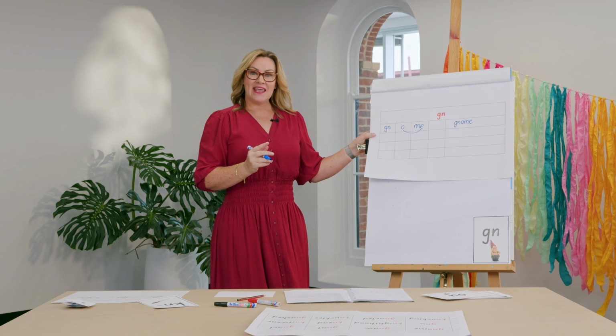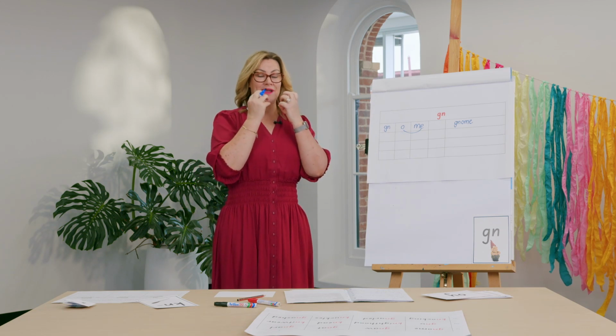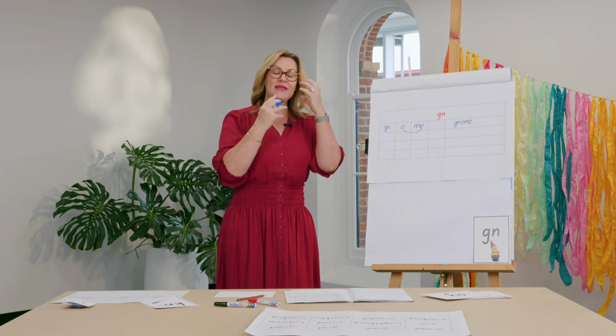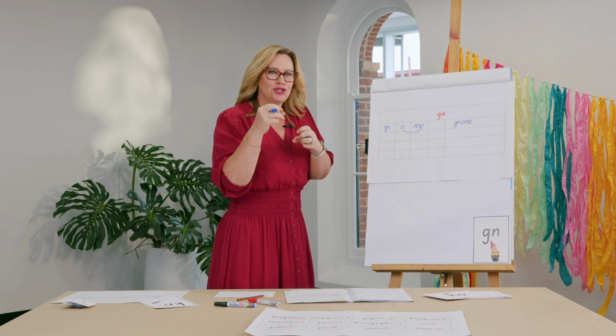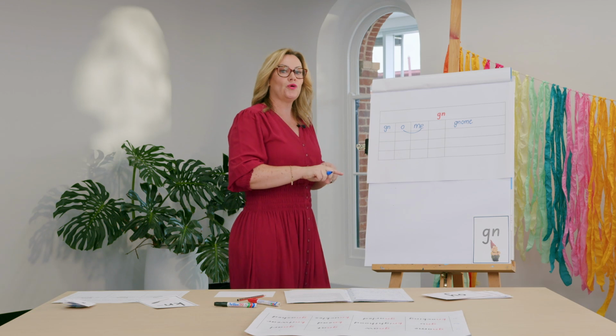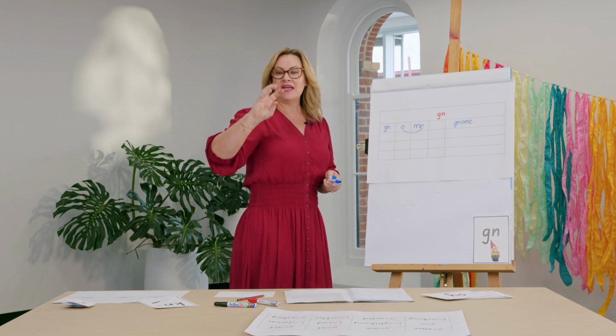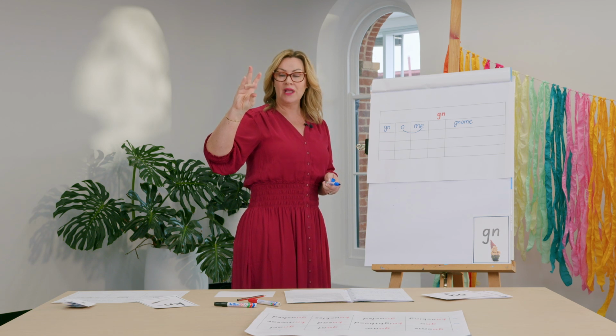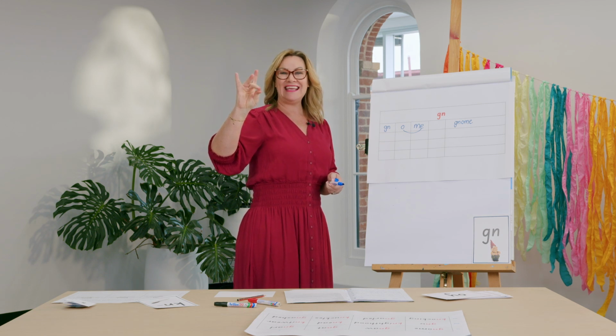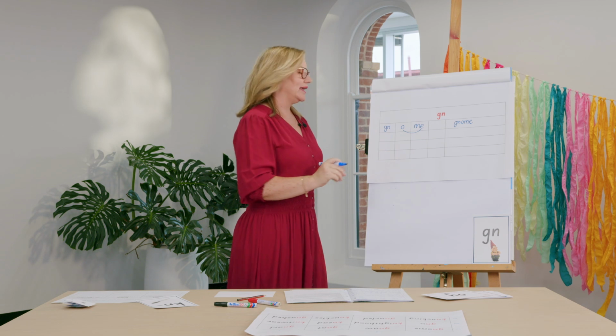Next word today is gnawing. Gnawing. So can you picture that beaver with his teeth and he's nibbling or chewing on something? Gnawing. So let's tap and say n or as in saw. N or it. Gnawing.